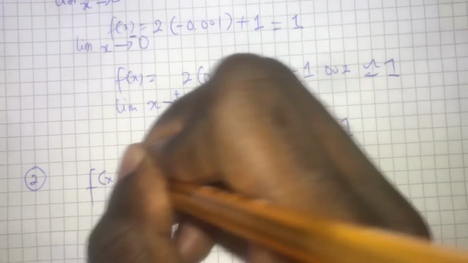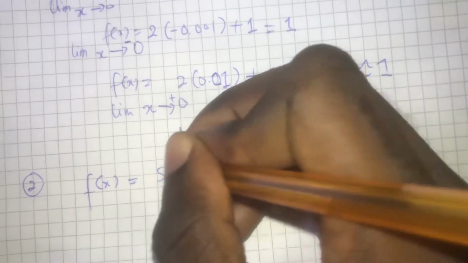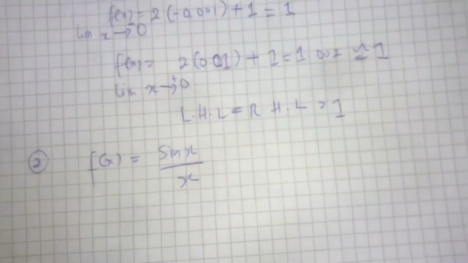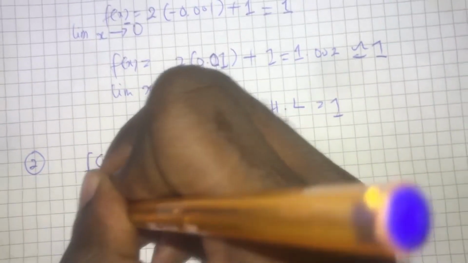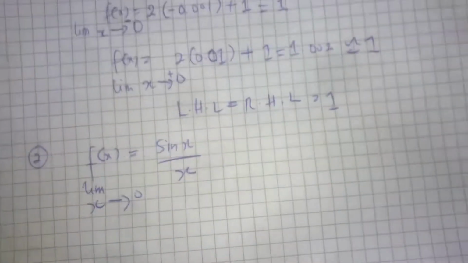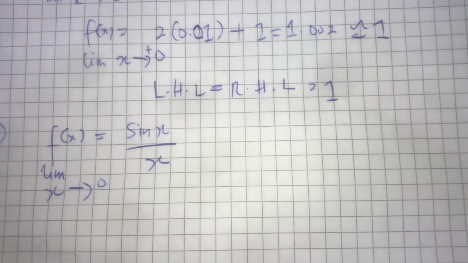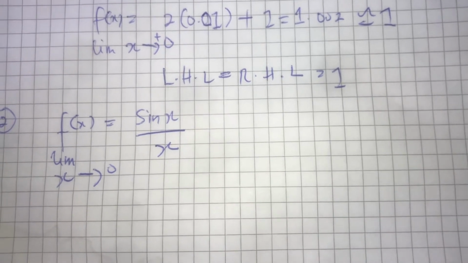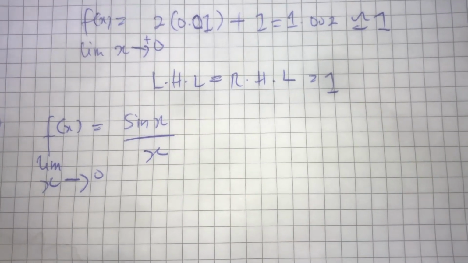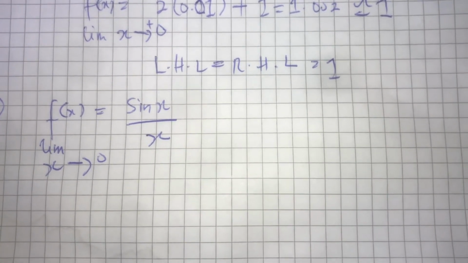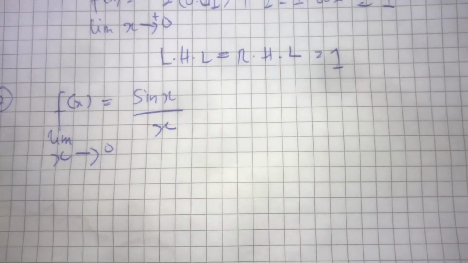We have f of x equal to sine x over x. So limit of this as x approaches 0. So now, first of all, let's look out for the left hand limit and right hand limit to determine whether the limit of the function exists at x equal to 0.